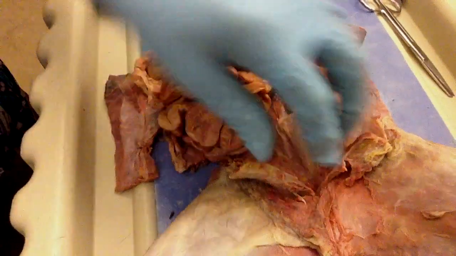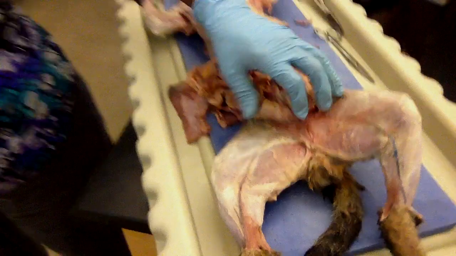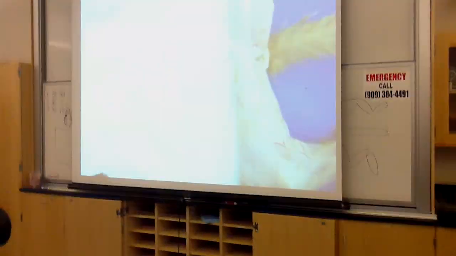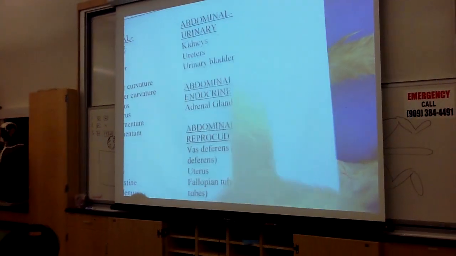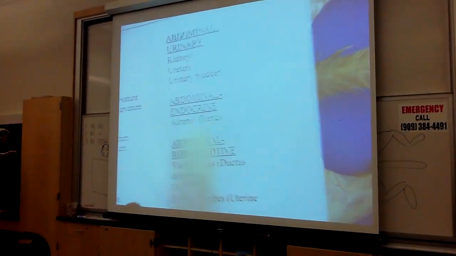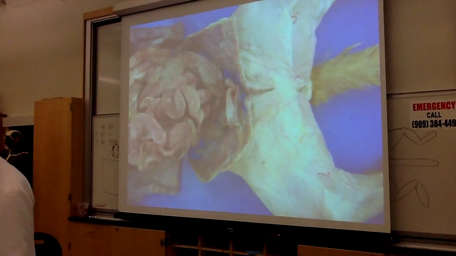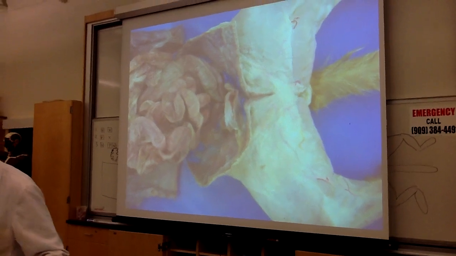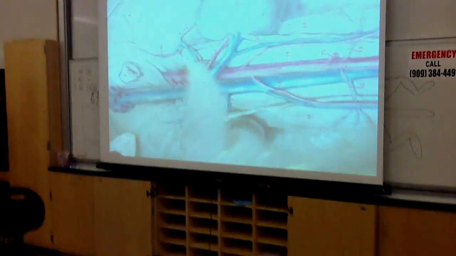Now, one other thing that we're not going to find tonight. Stay with me, please. On your list, I also have some endocrine stuff here. The adrenal glands. We aren't going to find them tonight, but just let me point out, next week when we dig around in here a little bit more, see that bean right there?